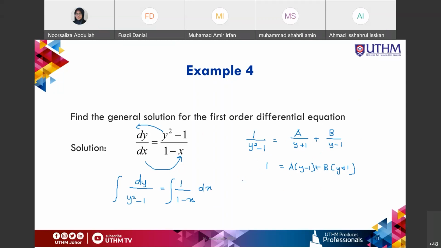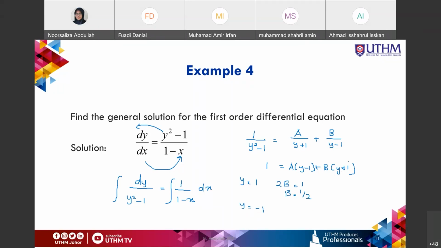So how do we find A and B? You assume y equals to 1. When y equals to 1, A term equals to 0, right? 1 minus 1, so 0. This one, 1 plus 1 equals 2, so 2B equals to 1, then B equals to 1 over 2. Next is y equals to minus 1.